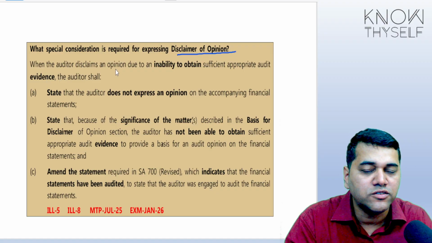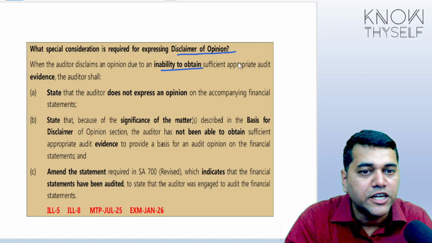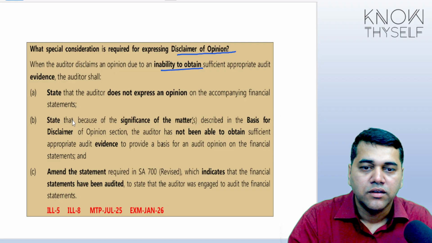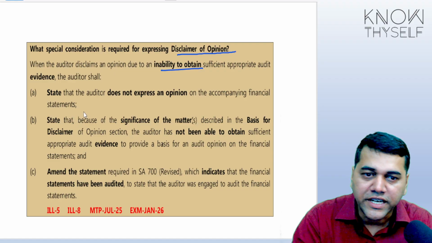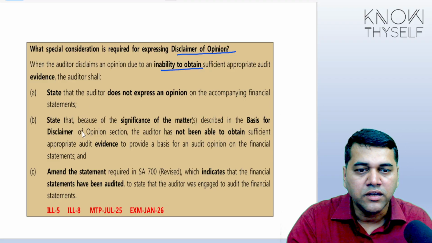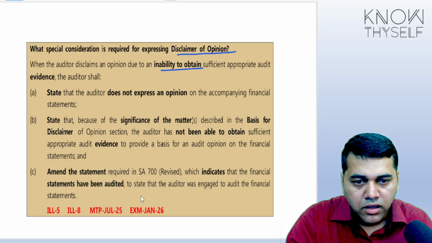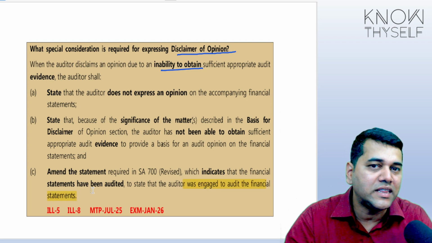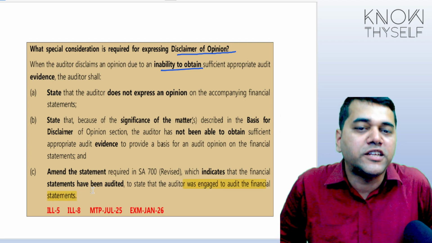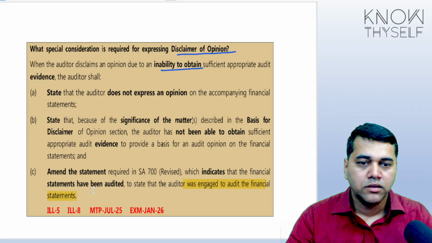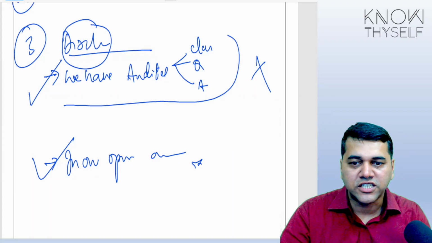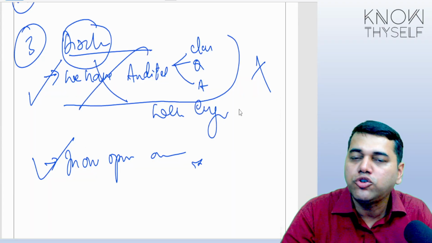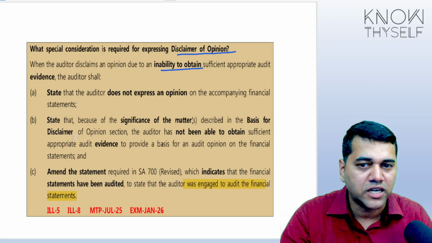When the auditor is going to disclaim the opinion due to inability to obtain evidence, instead of telling that we have audited the financial statement, you should say the auditor was engaged to audit the financial statement. You don't tell that we have audited because you are expressing a disclaimer of opinion. So you should start your sentence not with "we have audited" but with "we have been engaged to audit." This is how you should start the first sentence.